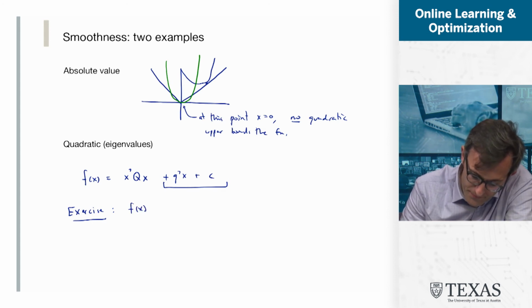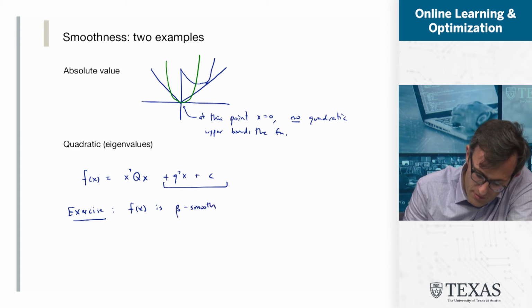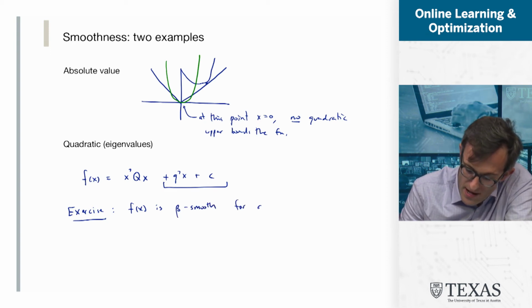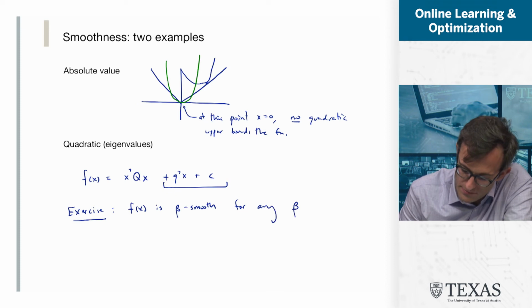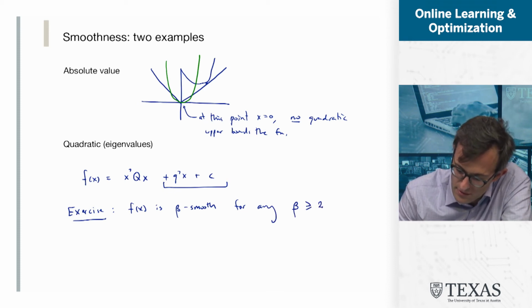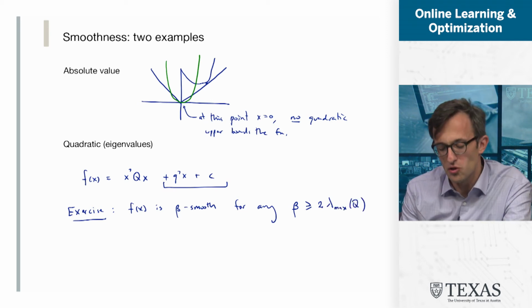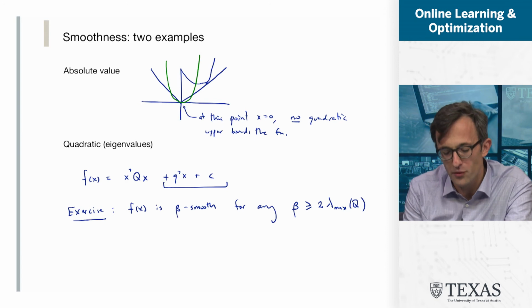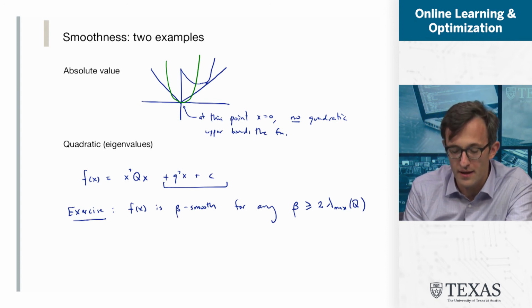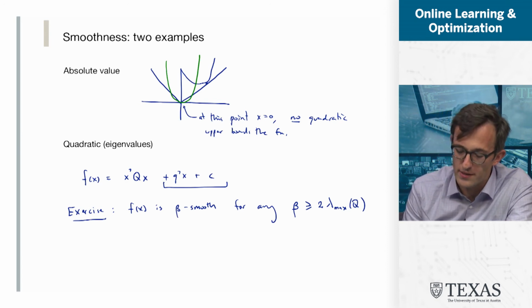F of x is beta smooth for any beta that's greater than or equal to the largest eigenvalue of Q times 2 here. 2 because when we take the Hessian, it's twice Q.